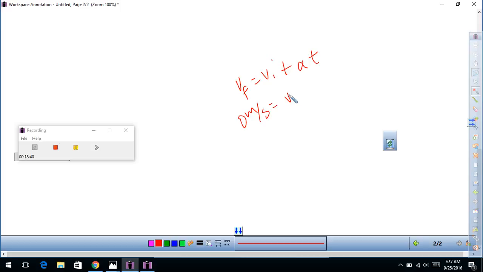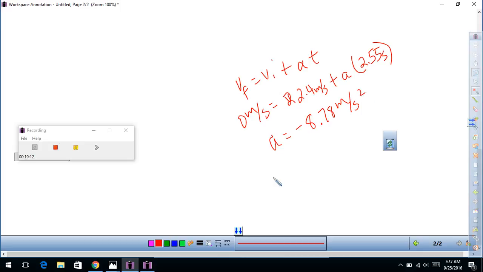VI is 22.4. A would be my acceleration that I need to find, and my time would be 2.55 seconds. So I would find my negative acceleration, and it would be negative 22.4 divided by 2.55. And I would get a negative 8.78 for my acceleration, but you better check my math, make sure I'm not lying to you.